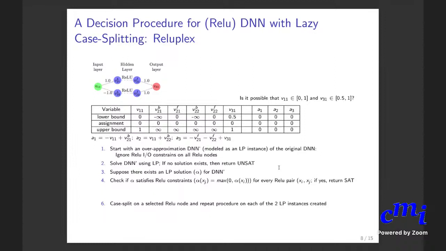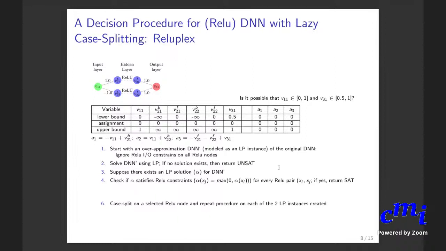Checking is very efficient, okay? Because LP gives, like you said, in this case, it is possible. You can bring V21 of F to be 0.5, okay?